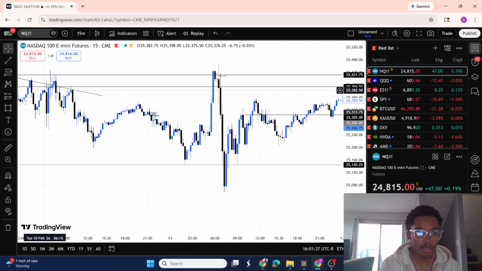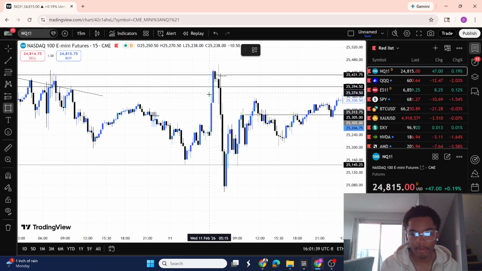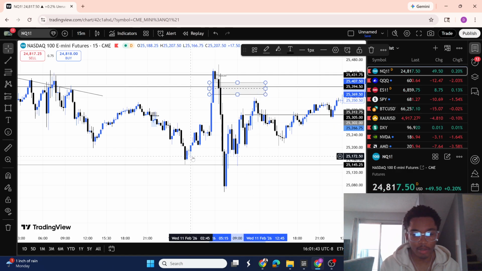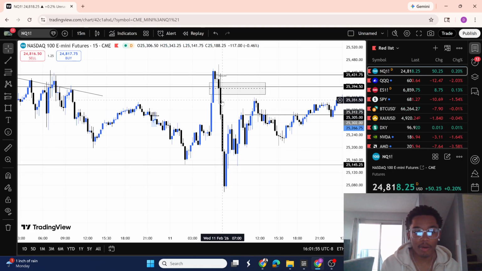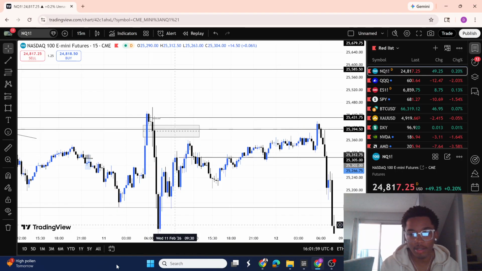Boom, we see a 15-minute gap here. This is during market open, I believe. What was this? Wednesday. Okay, this is Wednesday on the 11th. This was yesterday. So boom, we see an inversion of this 15-minute gap. Now we can assume price is probably going to hit these lows. And what does it do? Hit these lows, boom, continue higher.